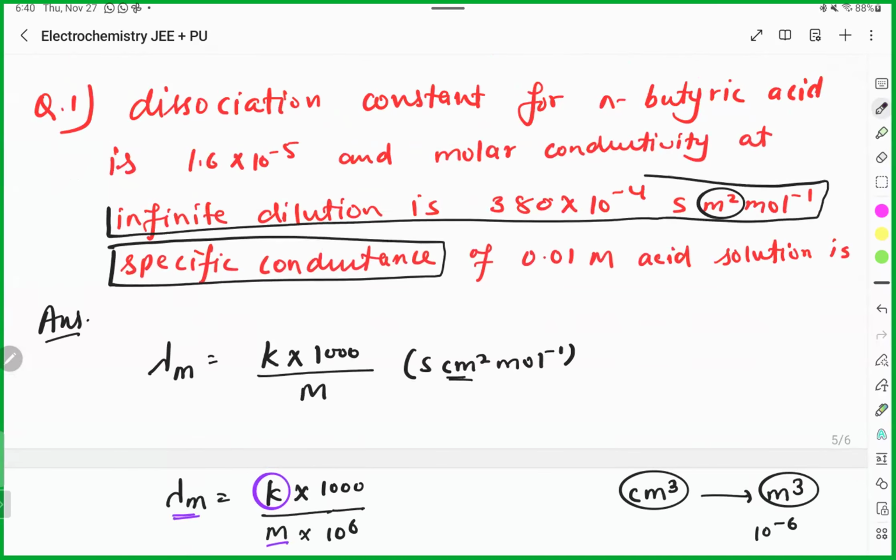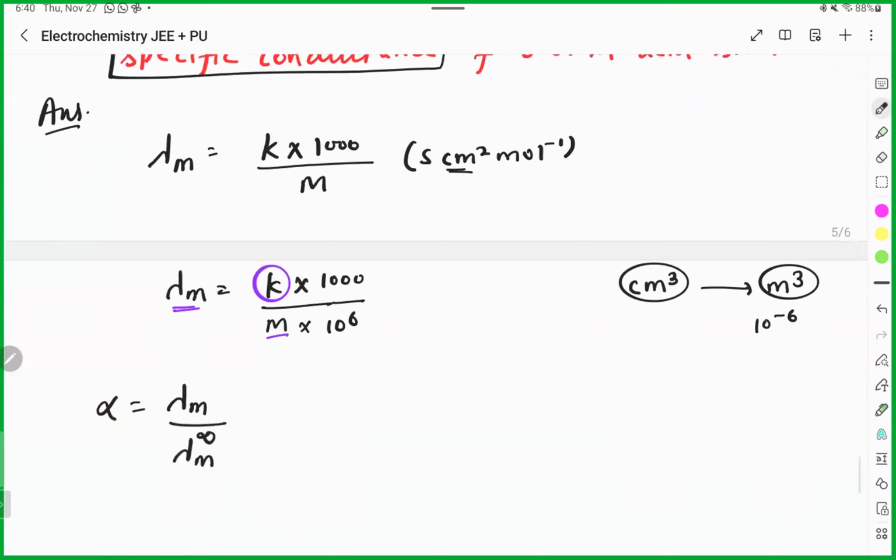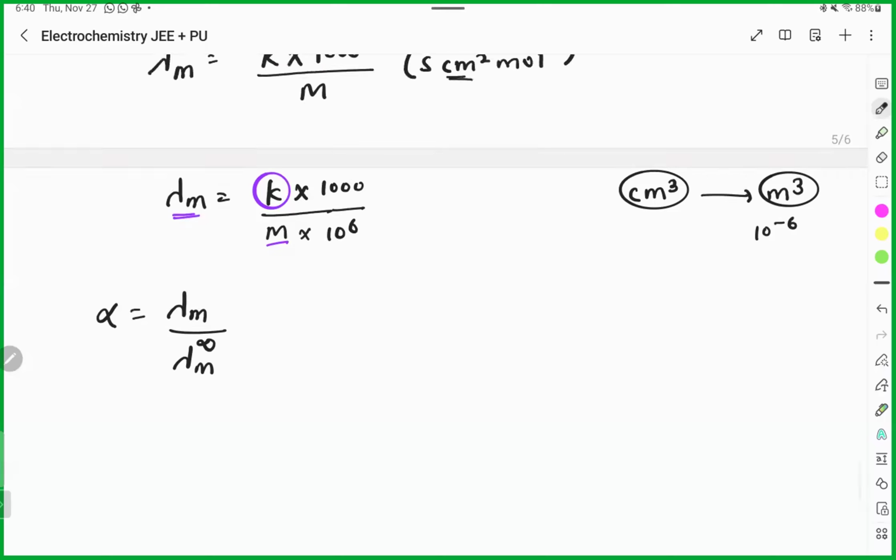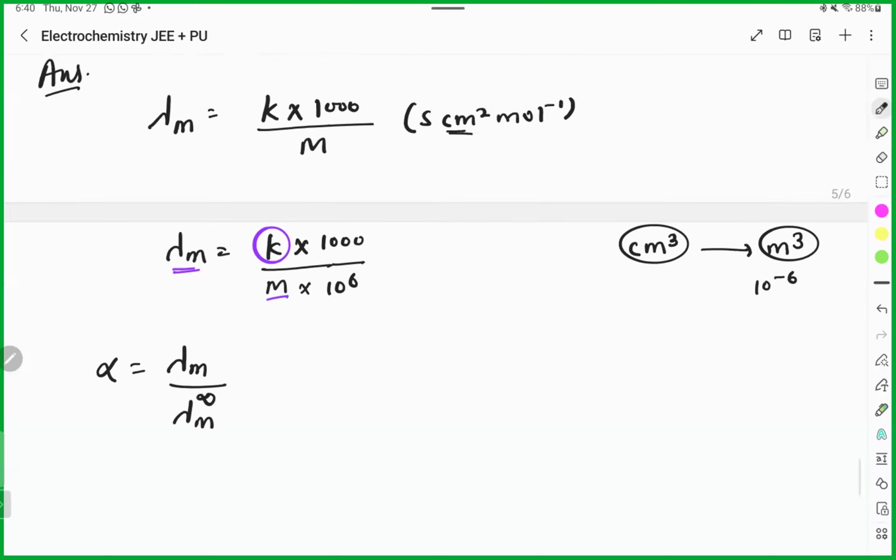This molar conductivity at infinite dilution is given. If you want molar conductivity, you need alpha, and for alpha, this makes sense.